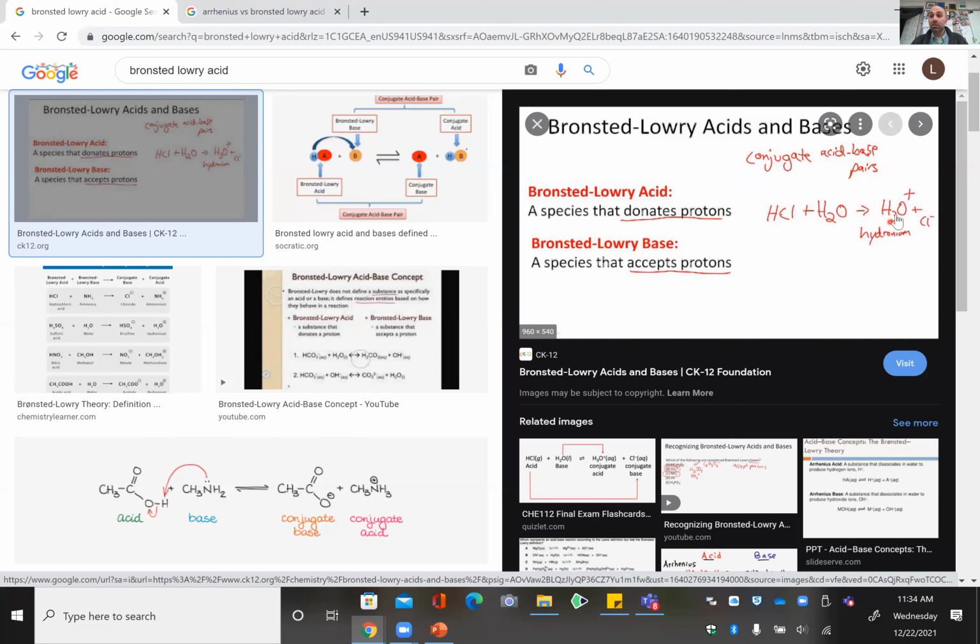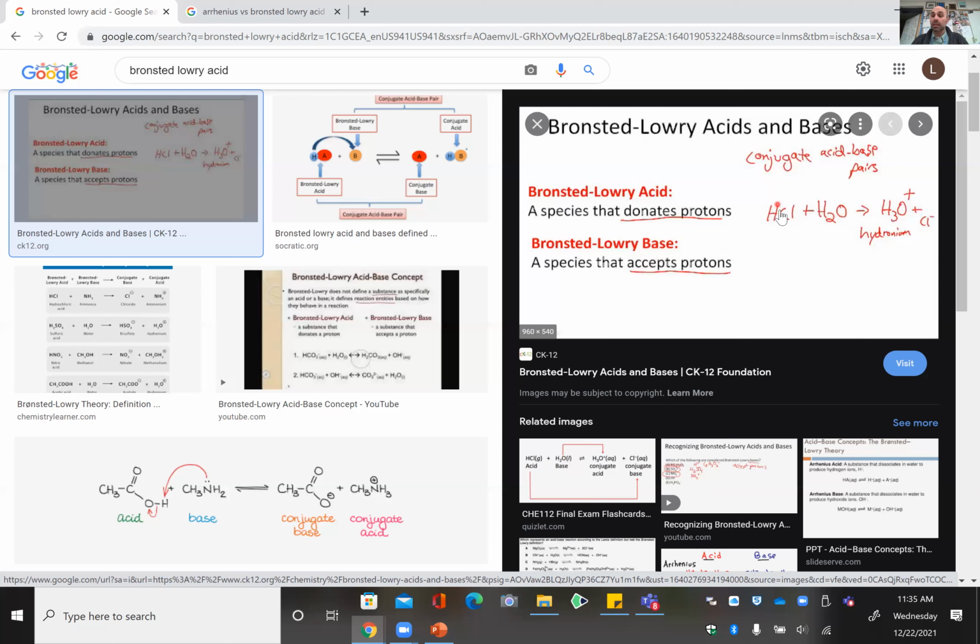In that case, H3O+ would be the Bronsted-Lowry acid. The point I'm trying to make here is that as a reactant, H2O was a Bronsted-Lowry base, but now as a product, it's morphed into an acid. It is an acid-base, or in this case, a base-acid pair. It's a conjugate pair.